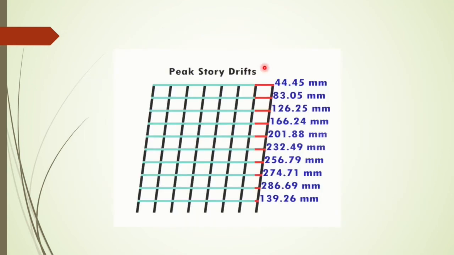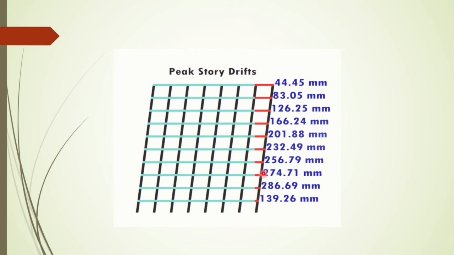So, ang pinagkaiba po ng peak story drift sa peak story displacement is, ang peak story displacement, dito po ang kanyang reference value. Samantalang yung peak story drift po, naka-refer po yung kanyang origin sa floor po below ng kanyang katabi. Nakadepende po siya dito sa kasama niya.